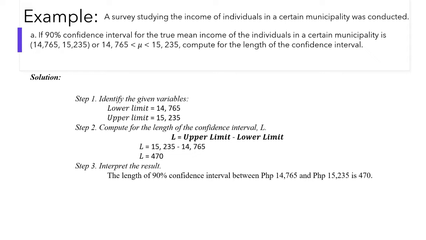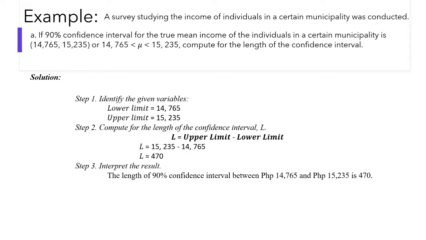Let's have the solution. Step 1. Identify the given variables. We have the lower limit that is equal to 14,765, and we have the upper limit that is 15,235.